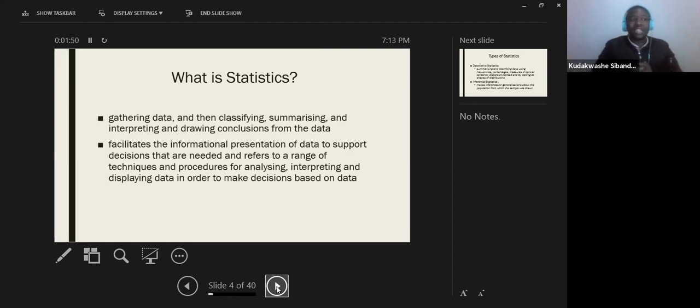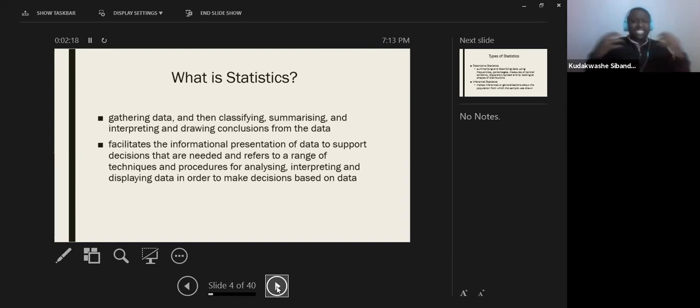The first thing that statistics will help you through is gathering the data. And after you gather the data, you classify, you summarize, and then you interpret and draw conclusions from the data itself. So basically, these are the steps that you take before you can make your decision. You gather the data, you classify, you summarize, you interpret, and then you draw conclusions from the data itself.